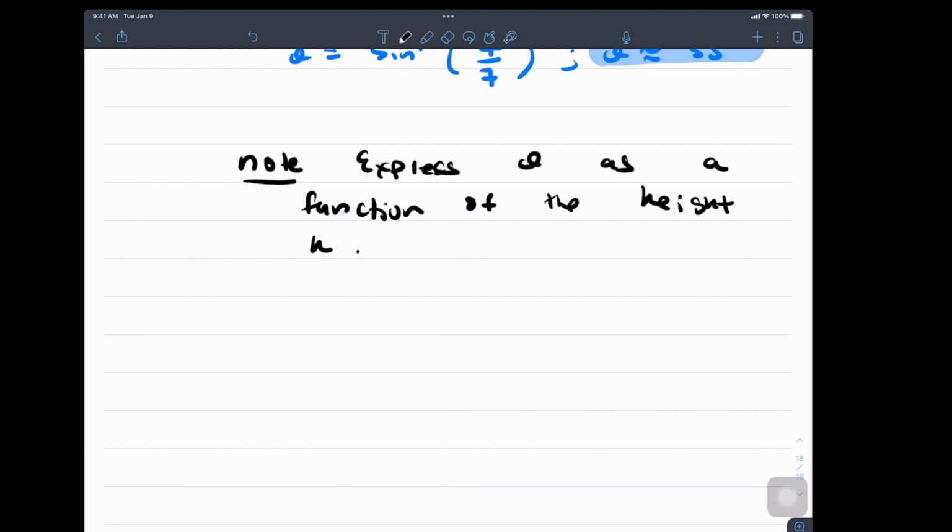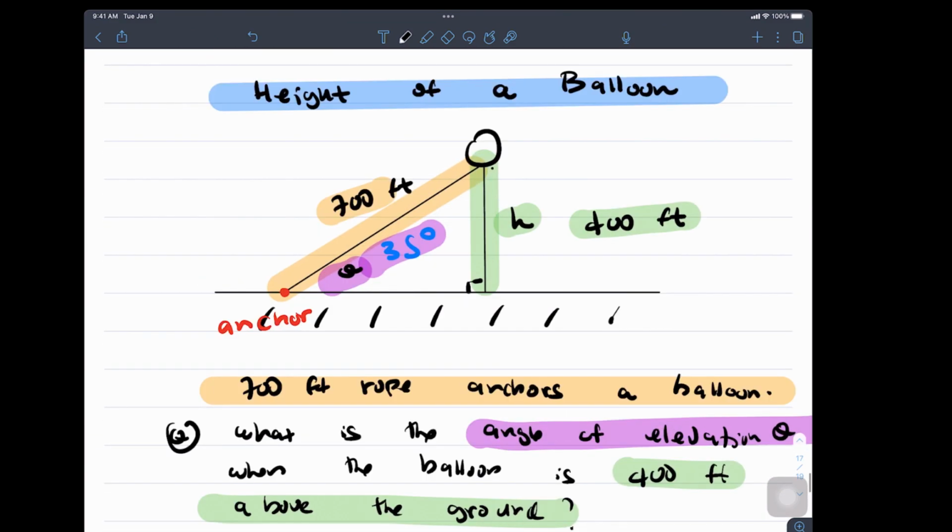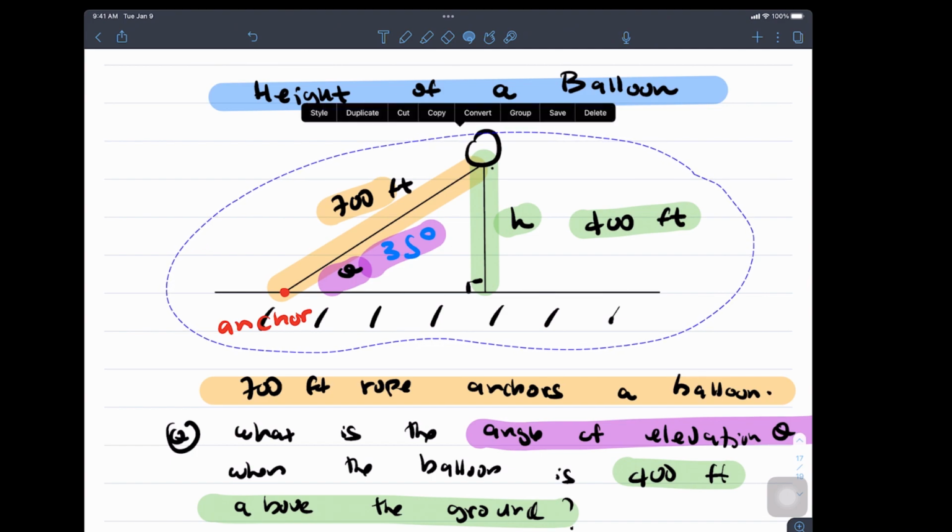Okay, express theta as a function of the height. So you go, what? What are they talking about? Okay, let me copy that.